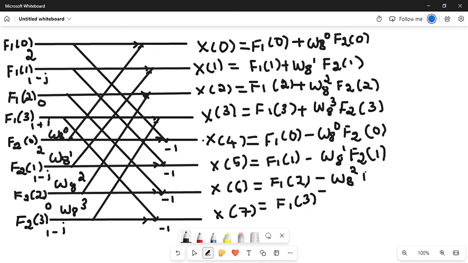So this is f2 of 2, and this is omega 8 to the power of 3, which is equal to f2 of 3, right?